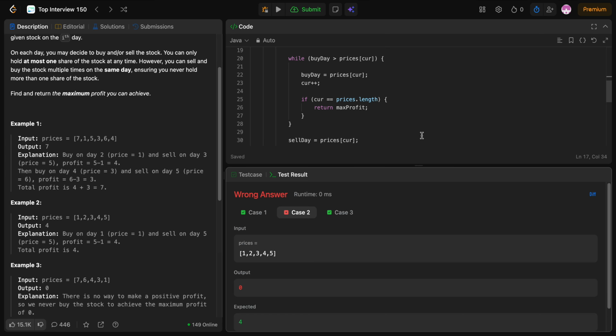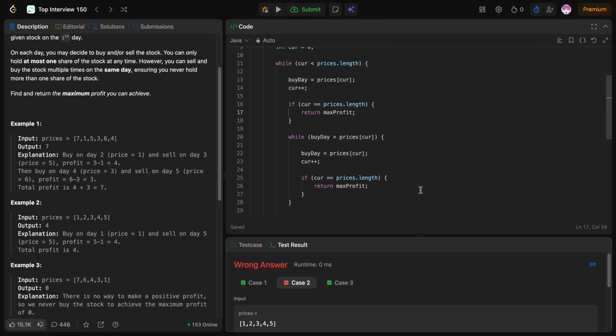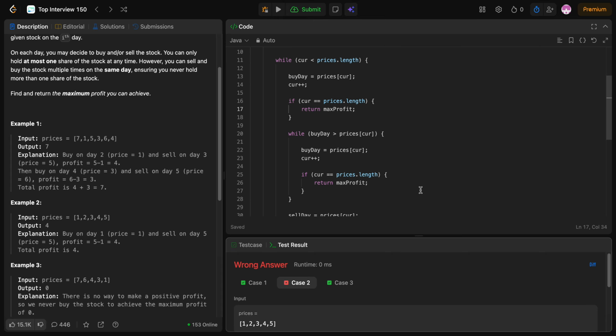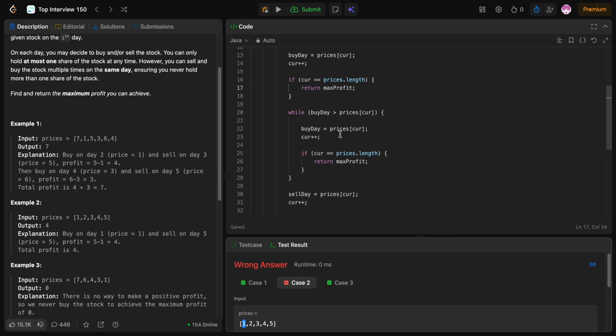So okay, in this case 1 should be set as the buy day, and then sell day should be set as 2, and then 3, and then 4, and then 5.